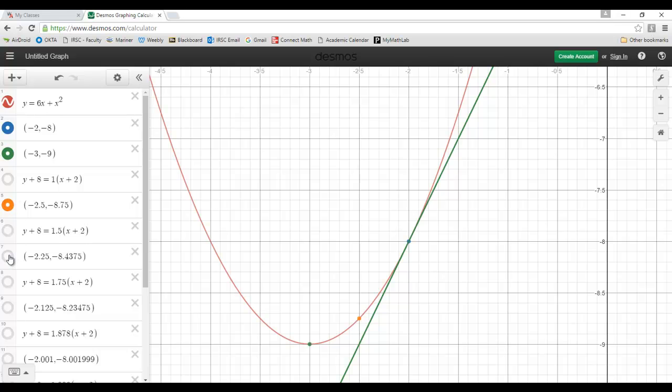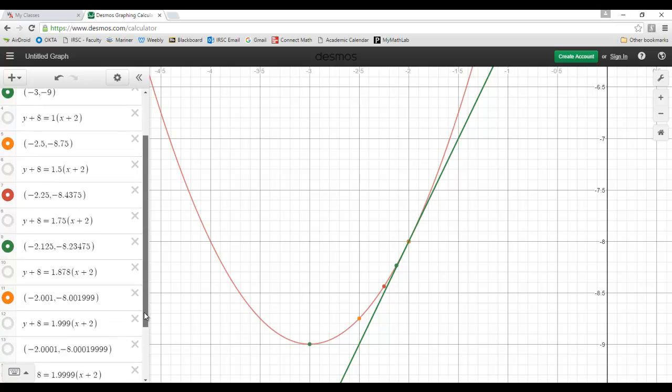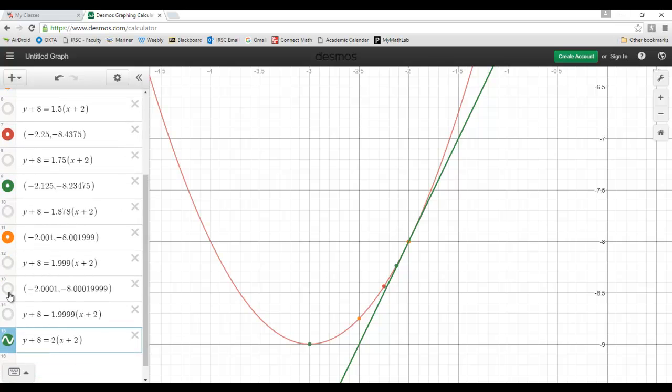Then we went even further right on the x-axis to -2.25. Then -2.125. Then we got really close, so close you can't even tell from here. And then we got even more super close. Again, we're zoomed out here, so you can't even tell. But we're moving closer and closer to the point of tangency from the left. And in the process, we're getting better and better approximations for the slope of the tangent line.